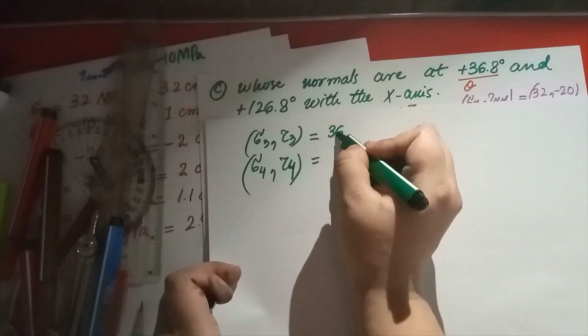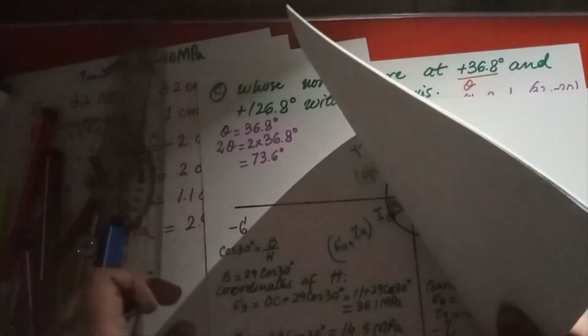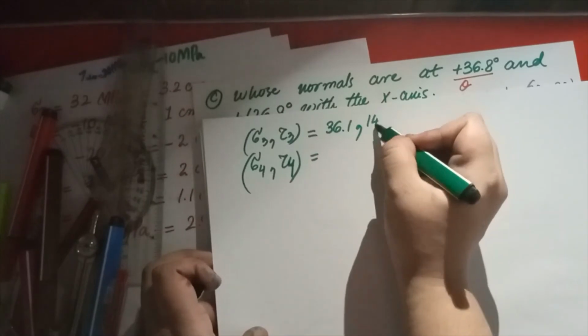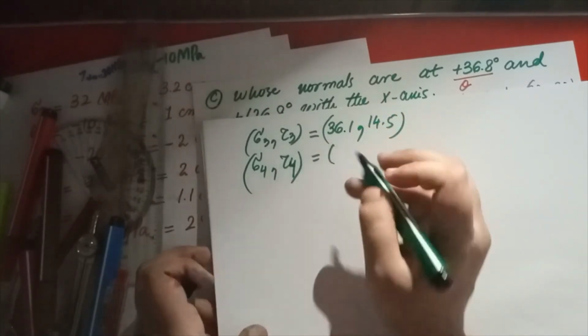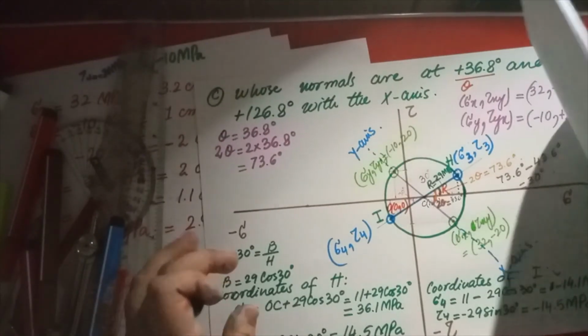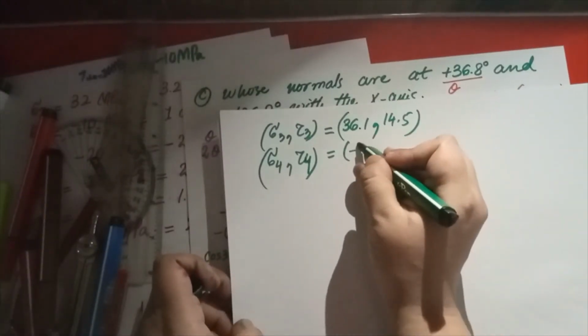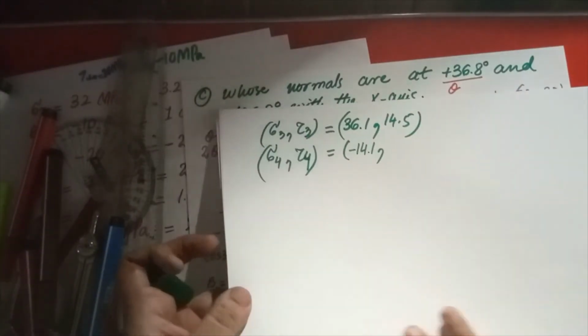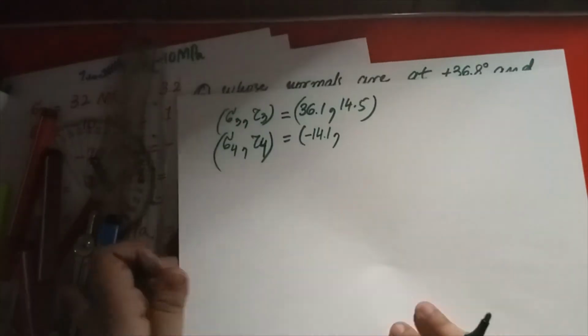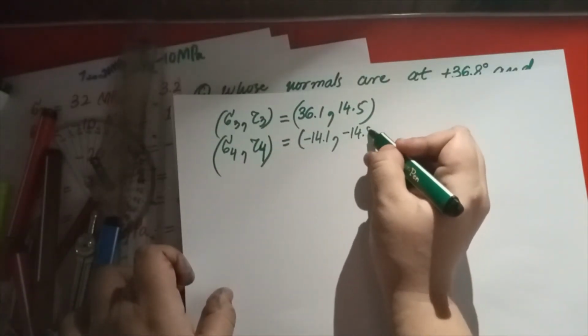The values I got are 36.1 comma 14.5, and then minus 14.1 comma minus 14.5. And you can cross check your values as well, that your lengths should come out with the scale.